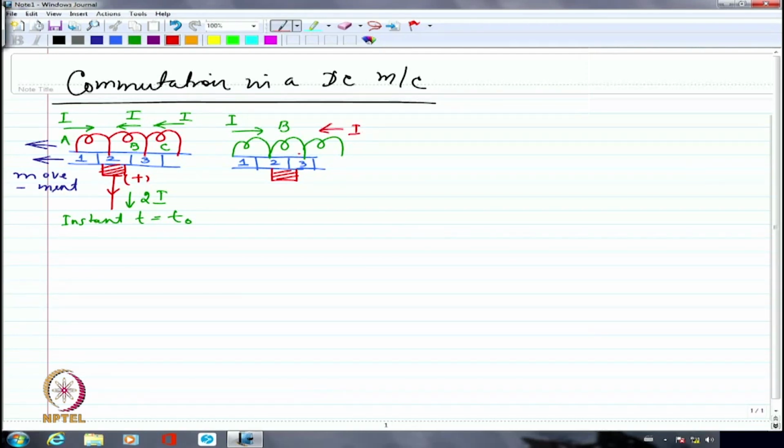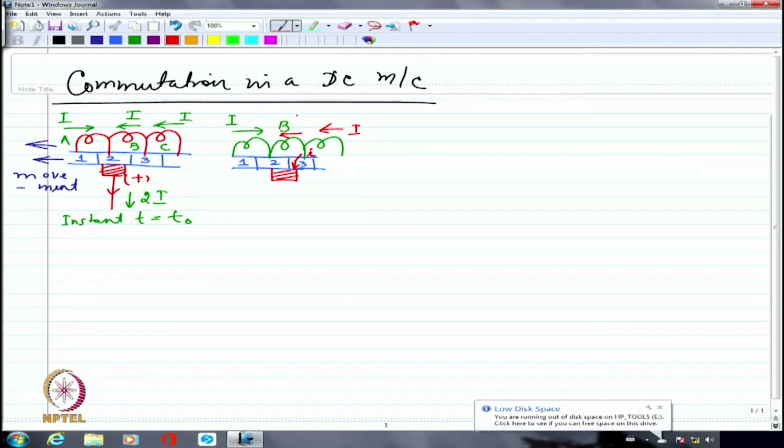So that current is going to be some small i. So only I minus small i will really go through B, because this is the total current I which was flowing from the other direction, and part of it has already gone into the brush, because of which I am going to have a current here which is I minus i.